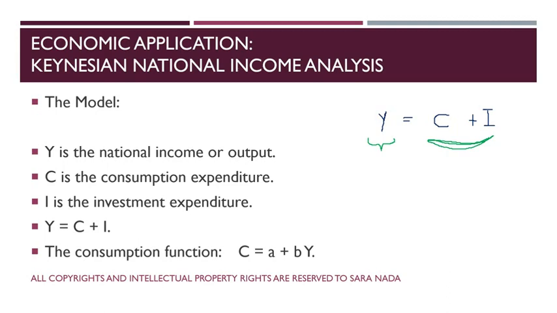So the consumption expenditures plus the investment expenditures are the demand expenditures, which for sure determines the value of the output from the equation that we have. So again, the Y is the supply, while the C plus I is the demand expenditures.